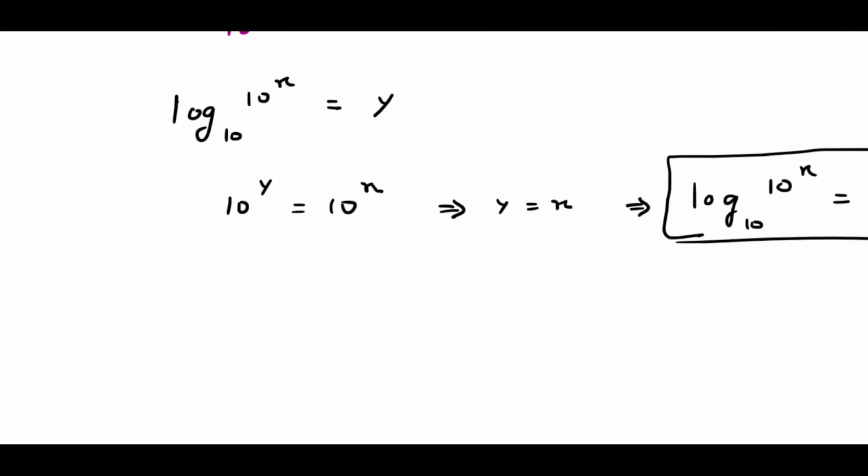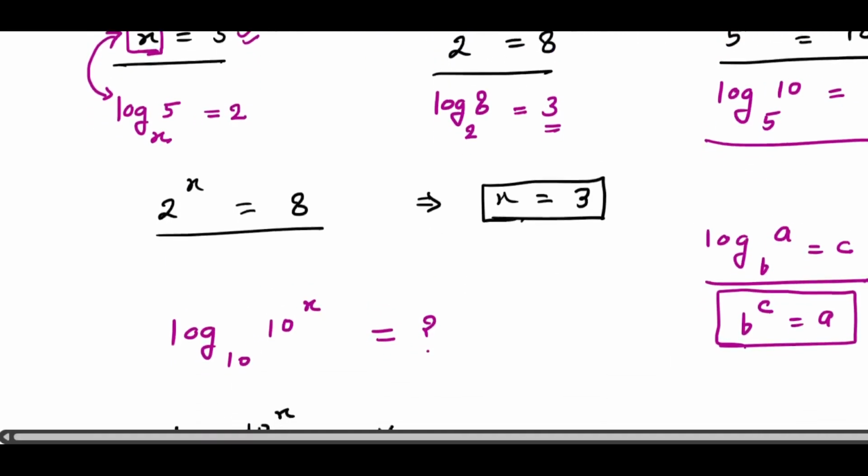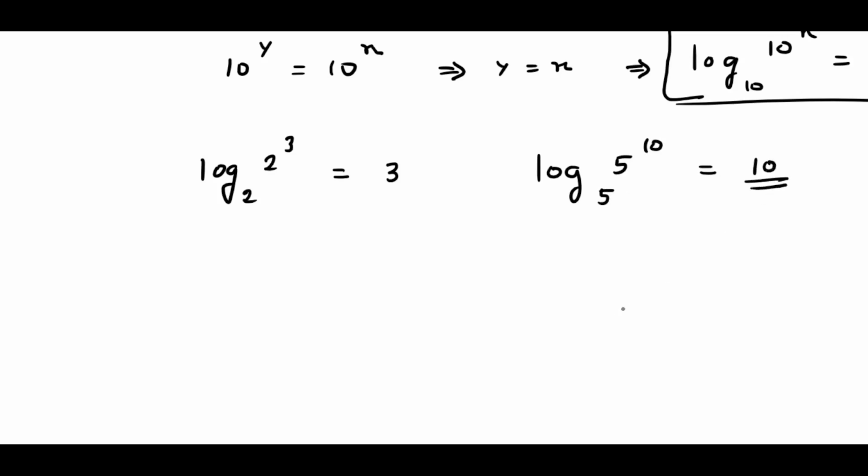It's always like that. So if it is log 2 power 3 to the base 2, then its result is going to be 3. If it is log 5 power 10 to the base 5, then its result will be 10. So a very important result.